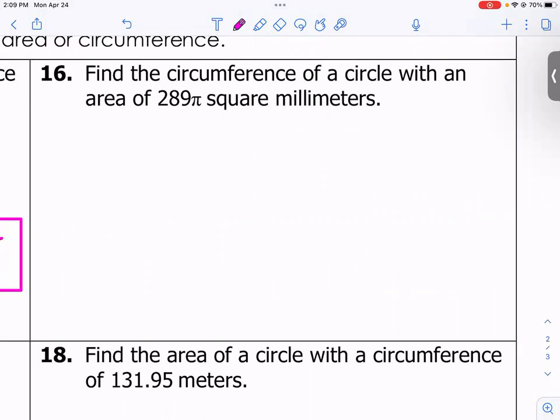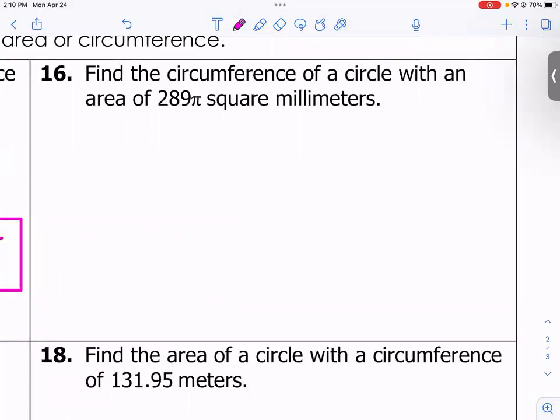No, this is the area. A Band-Aid? Yeah. Help them out.